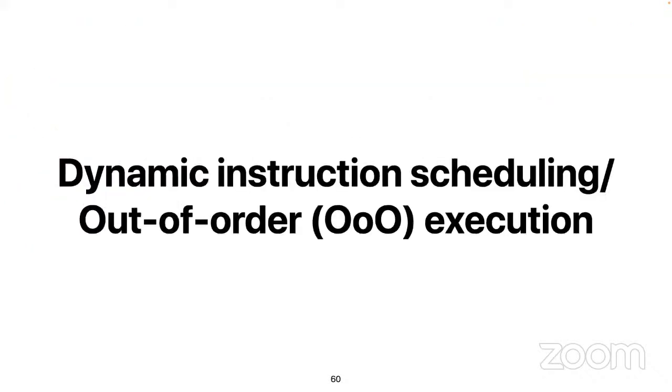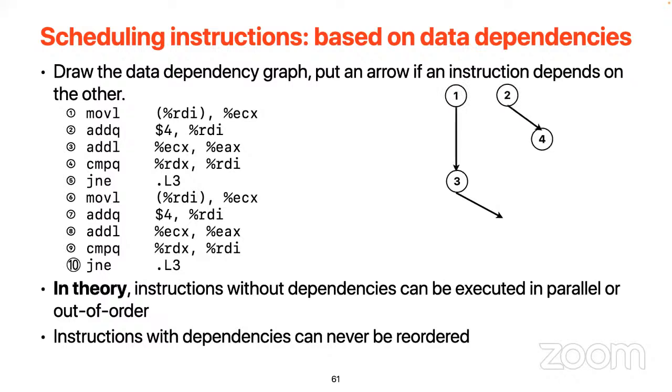So that's the whole idea of modern processor design in terms of dynamic instruction scheduling and out-of-order execution. The idea is that we want to execute instructions whenever the data dependency is resolved, whenever there is a functional unit available, and whenever the instruction is decoded.